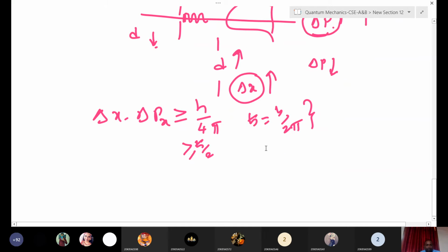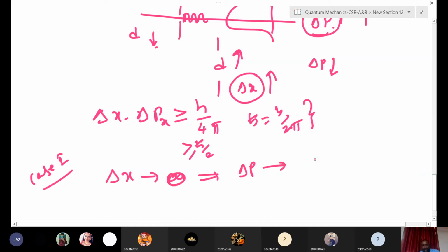Suppose we will see case 1. Suppose delta x is tending to 0, the uncertainty in position is tending to 0. What is the momentum uncertainty delta p? It becomes infinity, right?